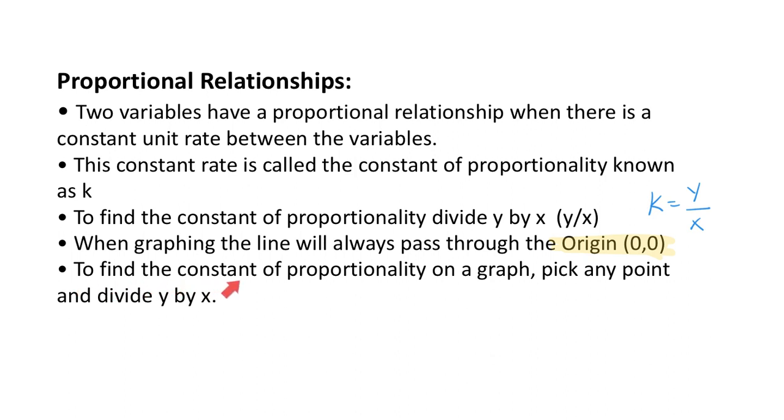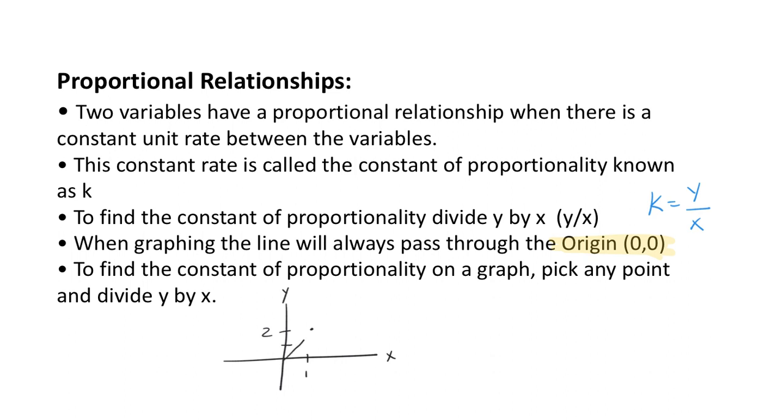And to find the constant of proportionality on a graph, we're going to pick any point and divide y by x. So what do I mean there? If I have a graph here, here's my x, here's my y-axis. Say I have a point at (1, 2).